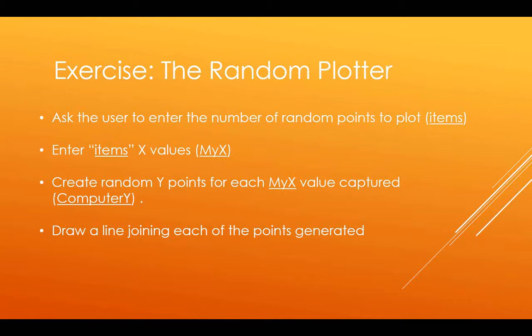Actually, no, I lie. We're going to have two lists, an x and a y list. So I must delete the variables. You're going to have a list called my x and a list called computer y. Those will be your two lists.